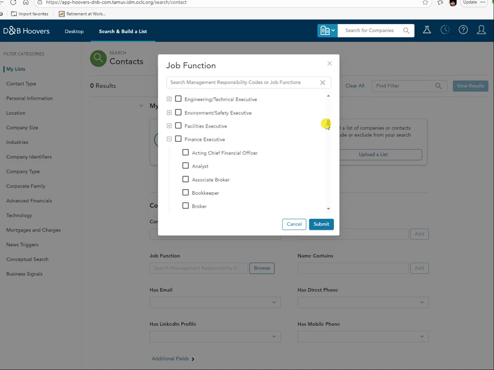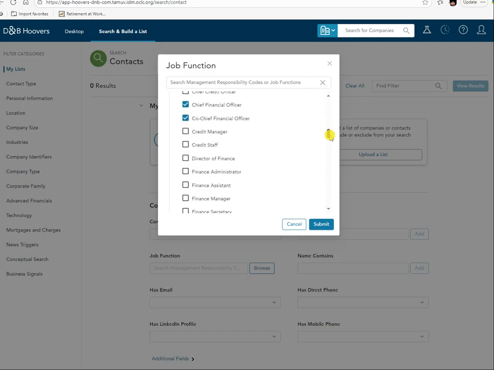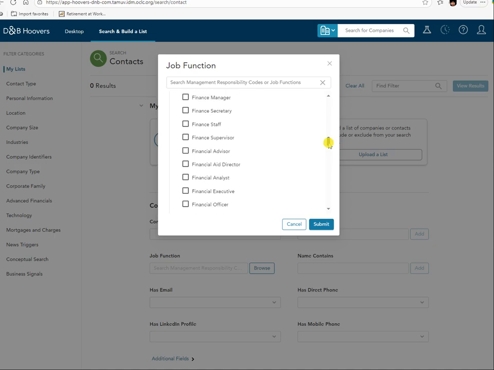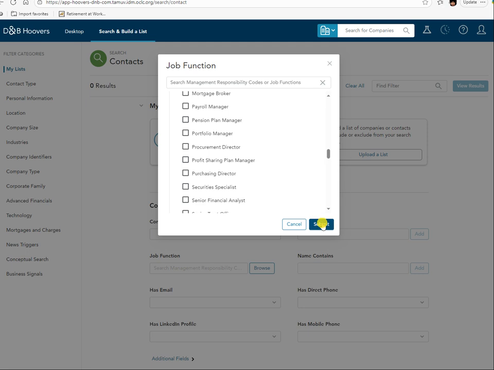Maybe they're the chief financial officers, acting chief financial officers and chief financial officers, maybe co-chief. Let's see. Okay, that's pretty enough, but you can always refine the search results.